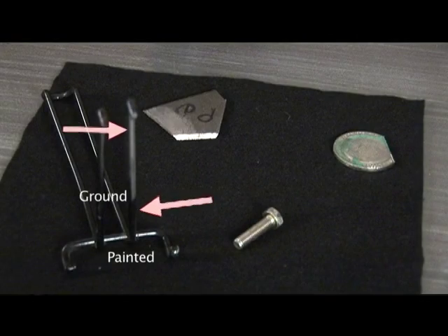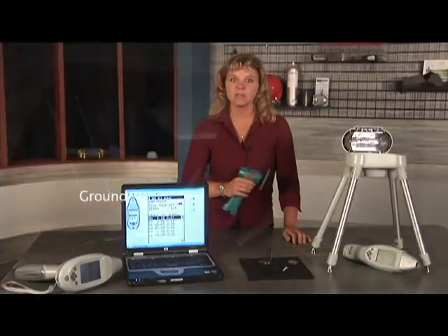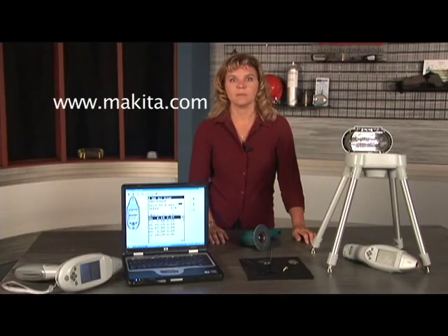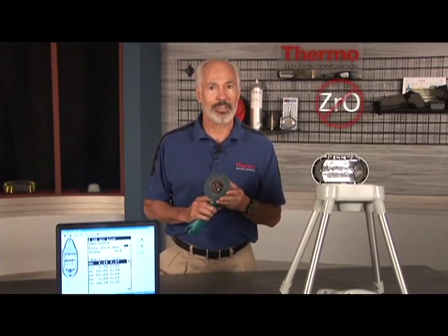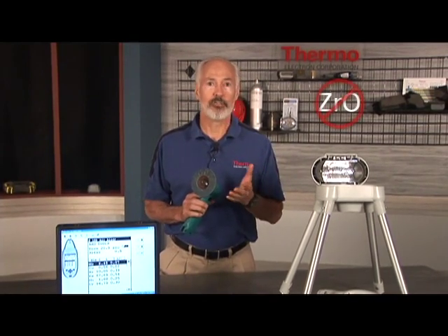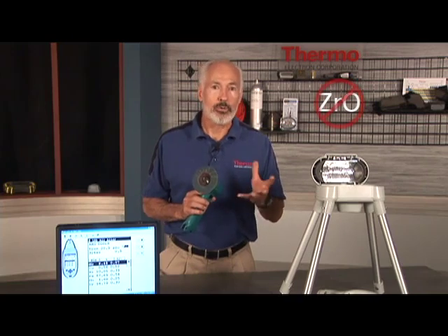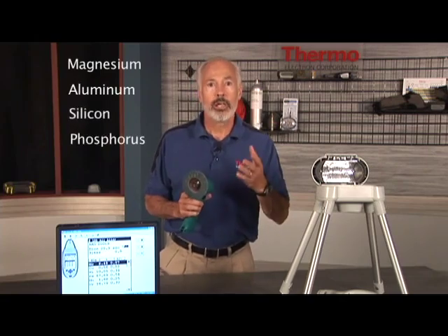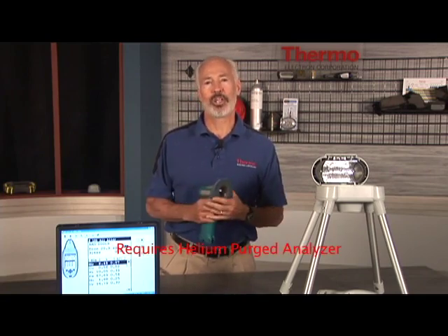A portable grinder we have found to be useful for the field work is the Makita 9500, which you can find at www.makita.com. Remember also to select an appropriate abrasive. Don't use zirconium oxide grinding paper if you're analyzing for minor amounts of zirconium, like with some aluminum alloys, 7050 for example. Some light elements in alloys like magnesium, aluminum, silicon, and phosphorus can't be determined without the use of an alternate model called the helium purged analyzer.